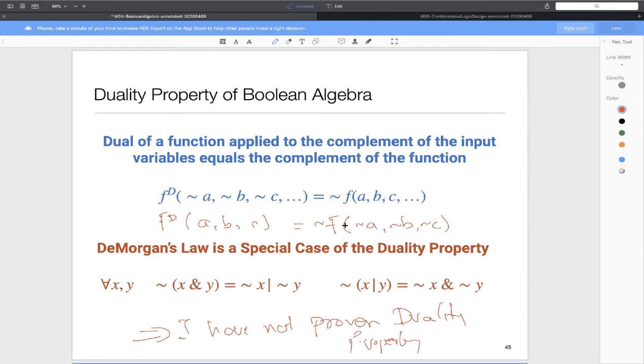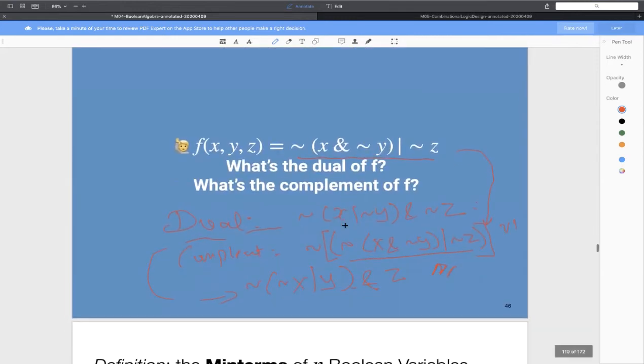Here I computed a dual, and the dual was this function, but this is the dual applied to x, y, and z. Then I replace x, y and z by their respective complements. So this is f_d applied to x, y, z, whereas this one is f_d applied to not x, not y, not z.